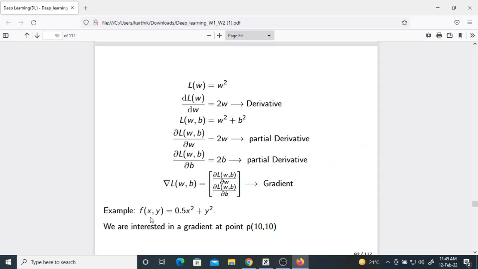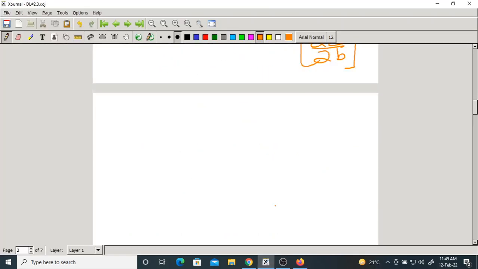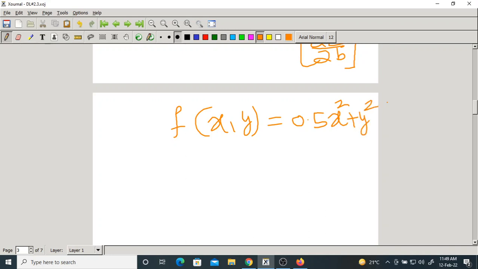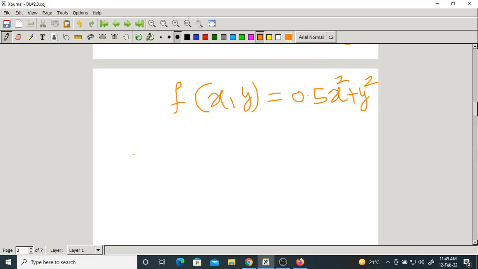Let us take this example. It is a function of two variables x and y, f of x comma y equal to 0.5 x square plus y square. Now find out the gradient of f. Obviously, what is the partial derivative of this function with respect to x?